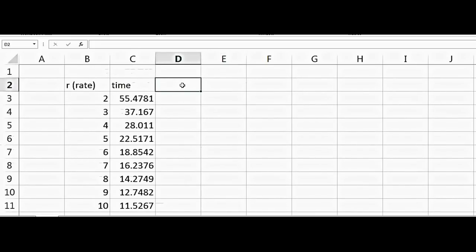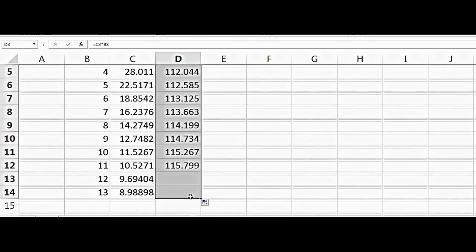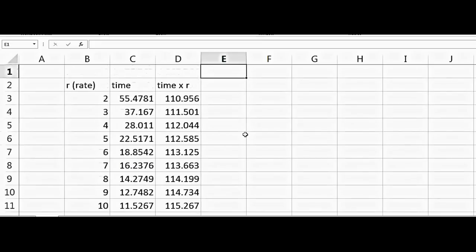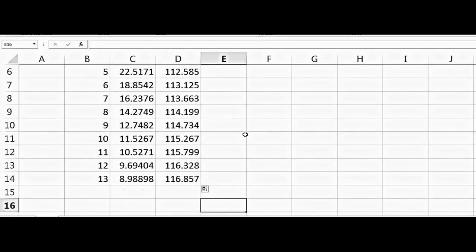So now if you multiply time with the rate, that will be equal to time into rate. So this is equal to 110, which is very close to 115. So we can keep extending this, and you can see that all our numbers are very close to 115.